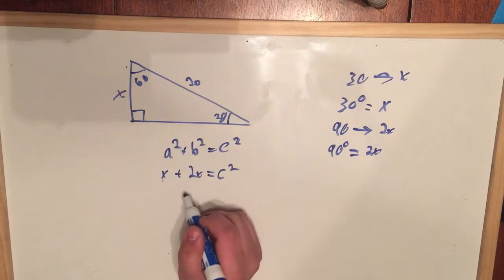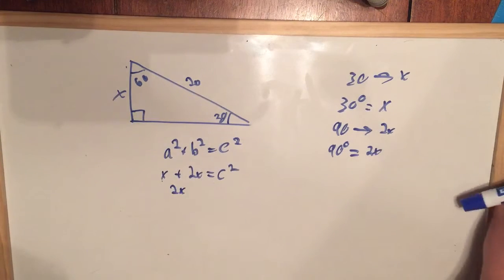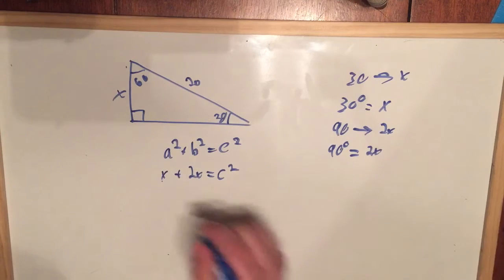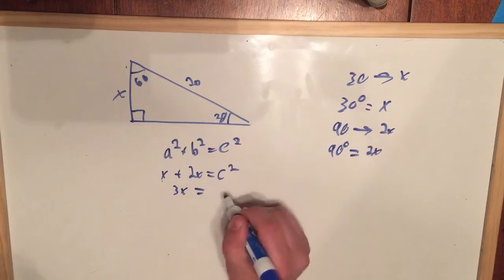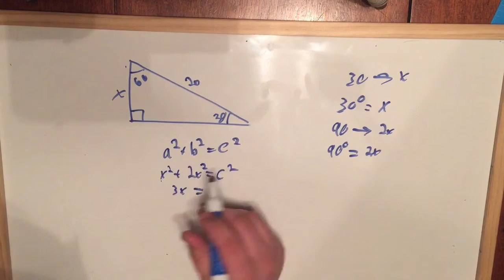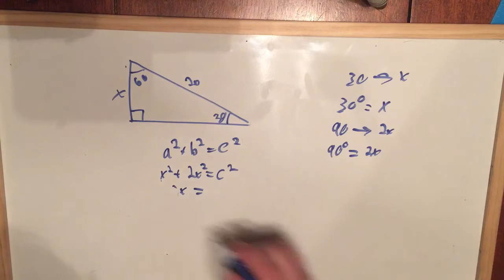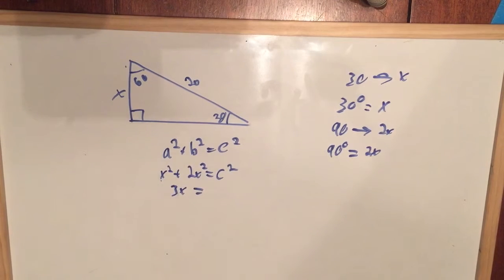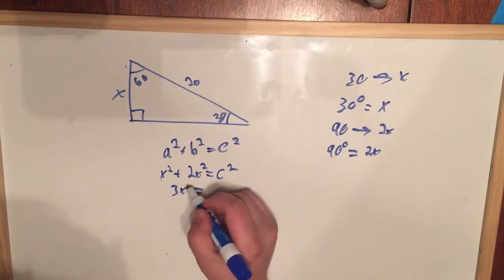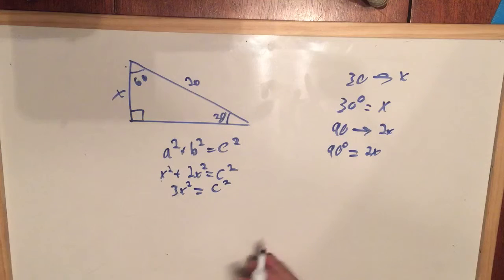Since the x is the coefficient, that's going to be 3x, oh wait, the x's are going to be squared. That's actually going to be 4. No, that's going to be 3. Since the x is a coefficient, that's what's being squared. We have 3x squared equals c squared.